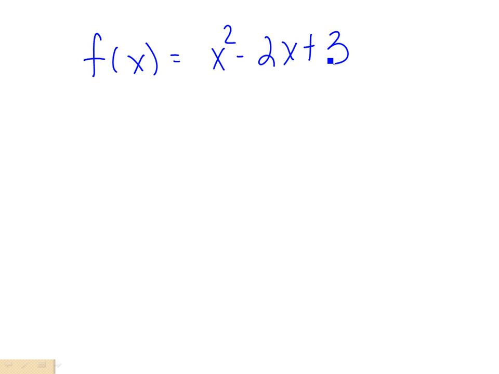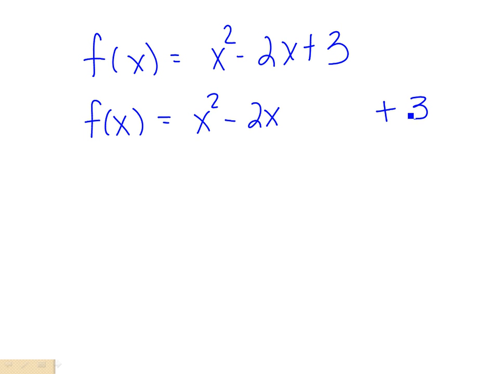Let's try f of x equals x squared minus 2x plus 3. What I want you to do first is separate the 3 from the problem. What we're going to do now is something called completing the square. We're going to divide the b of this problem, which is 2, by 2.